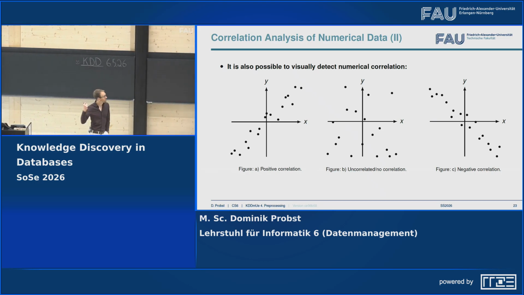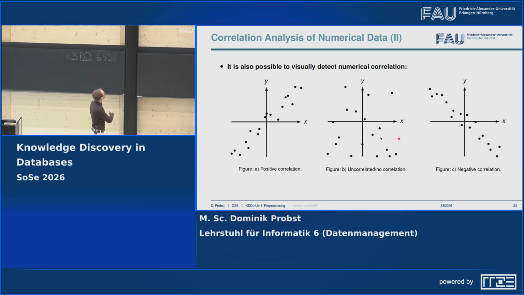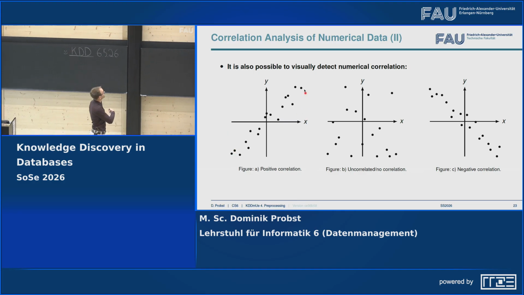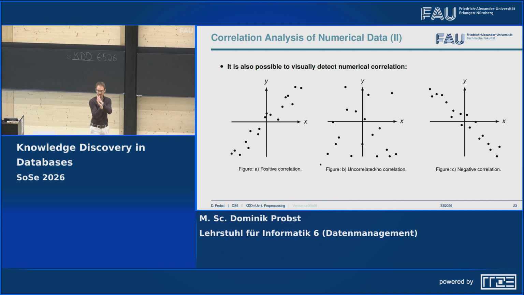Of course, these aren't perfect. This wouldn't be a Pearson coefficient of 1, because there's some scatter in these distributions. It's not a perfect line. A perfect line would indicate a Pearson product moment coefficient of 1.